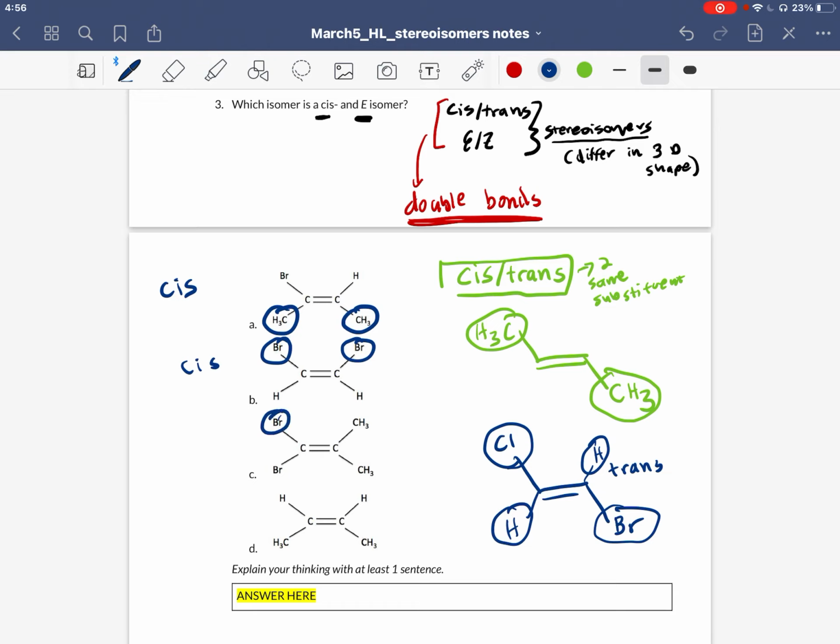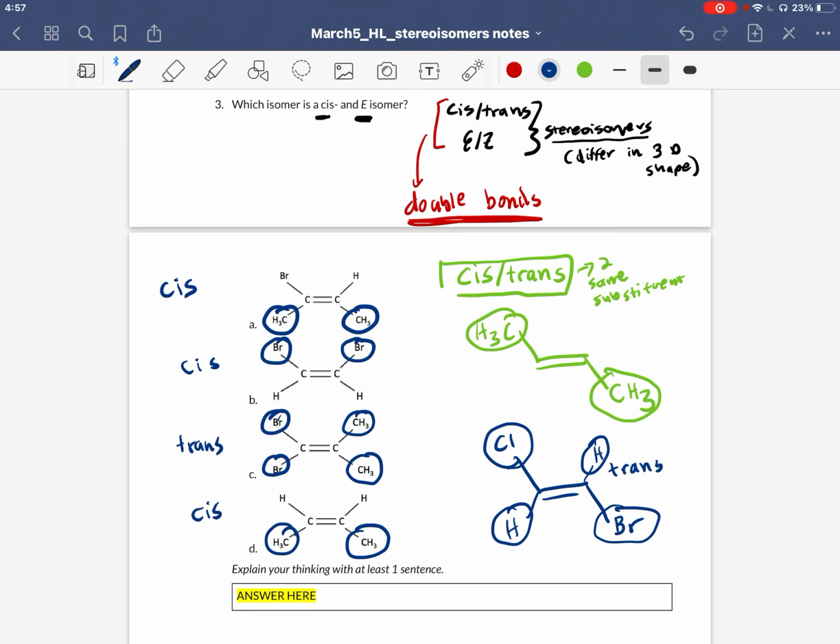C is a little weird, but I have two of the same exact substituents on opposite sides of the double bond. Br and Br, CH3 and CH3 are on opposite sides, so I'd call that trans. And then D, again, we have the same substituent on the same side of the double bond, so cis.